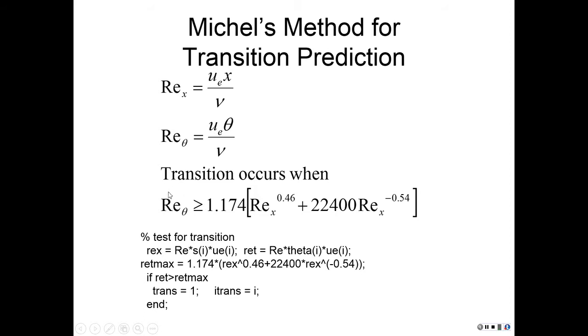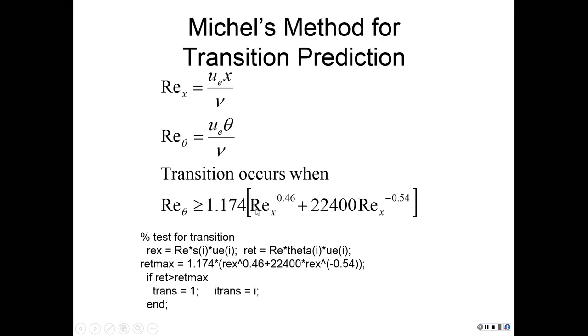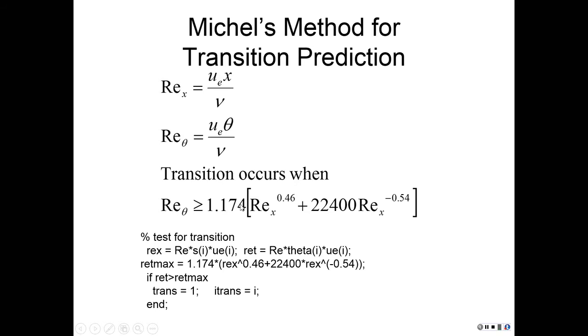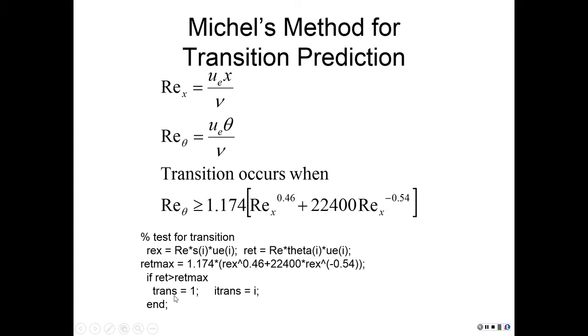If this number is larger than this number, then you have become turbulent. So that's what we are computing here. So if RET, which is this number, Reynolds number based on theta, is larger than RET max, which is this number, then the flow has become transition. So we have become turbulent.